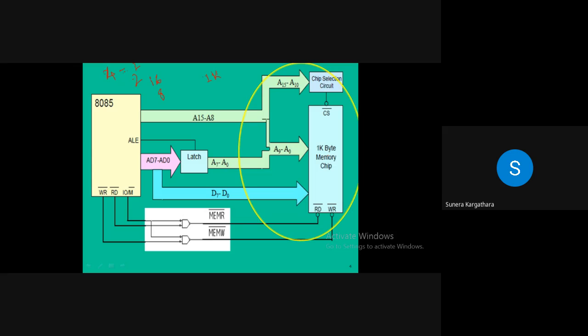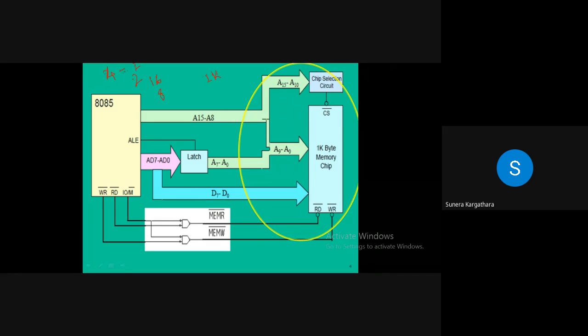Any doubt, students, here? So these are the minimum signals that you need to use whenever you want to connect a memory device, RAM, with your microprocessor. The number of address lines depends upon how much size you want to interface, what the size of your memory is. From that the address lines are decided.